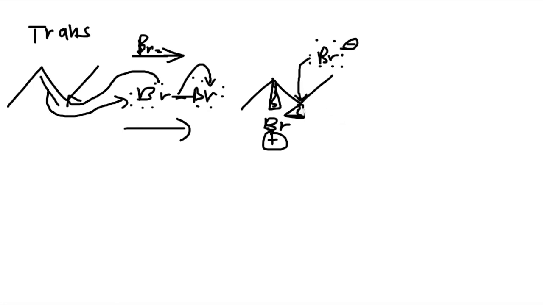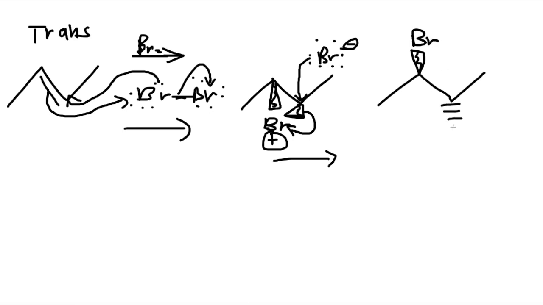Now this carbon gives off electrons to the bromine, which will give us a final product of this, with this bromine coming off, this bromine going off. Again, it's only one product. This is a trans molecule, and it has symmetry. So this is the final product for it.